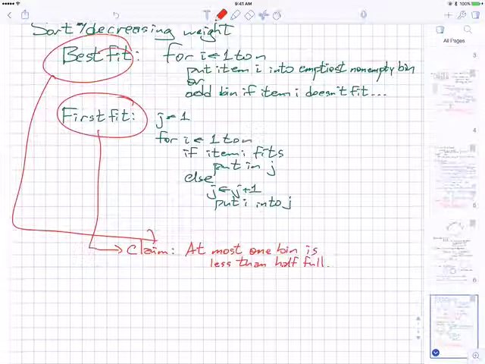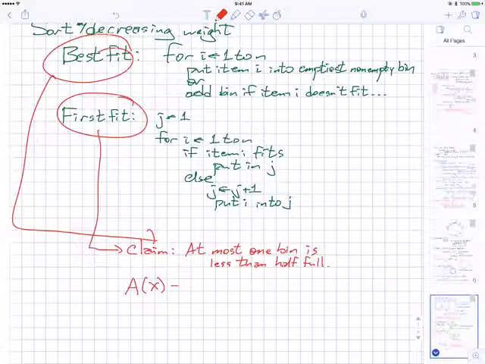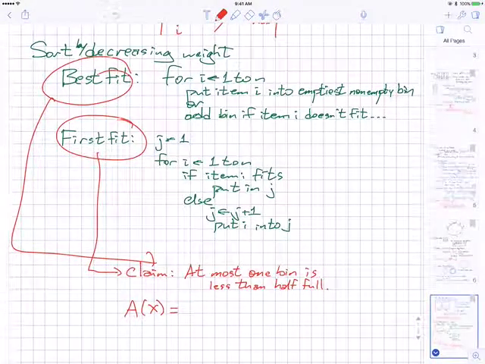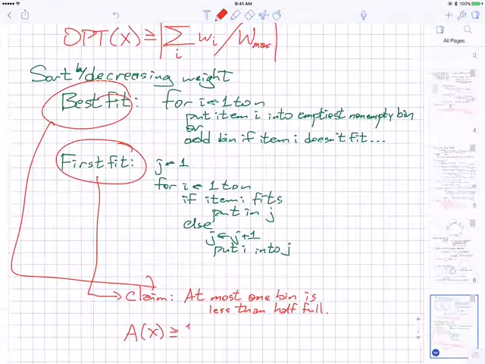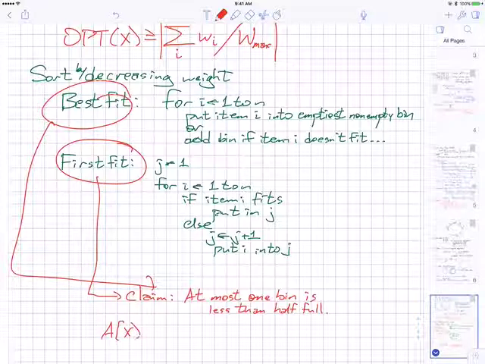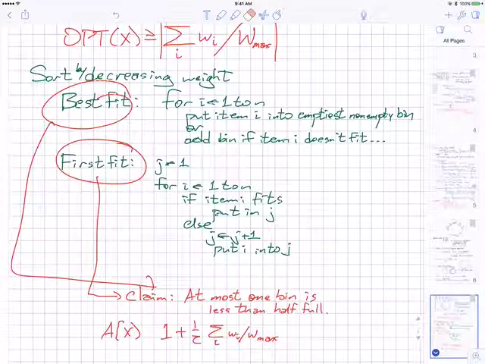So here I'm saying that if I sum this up, A of X is at least, actually, the right way to say this is, A of X is at most 1 plus half of this sum. Sorry, that should be less than or equal to.